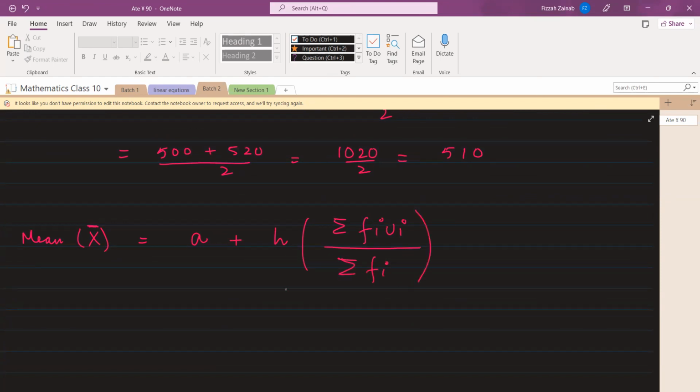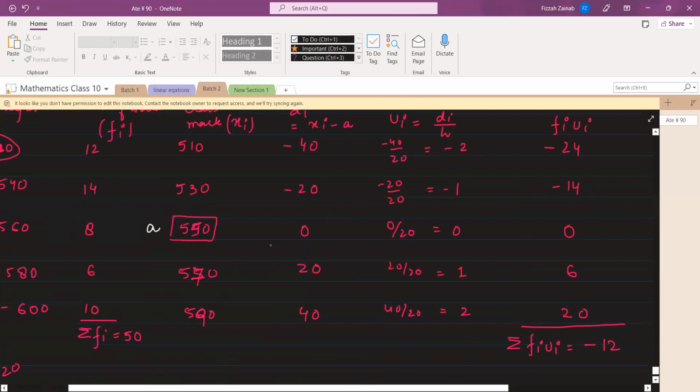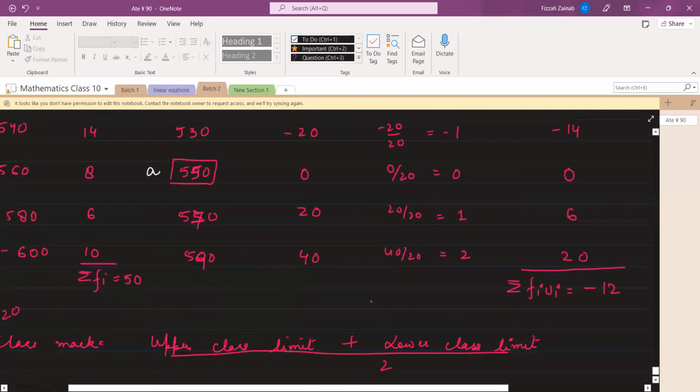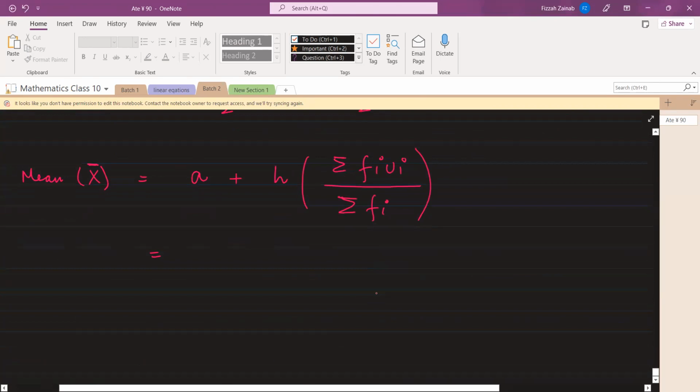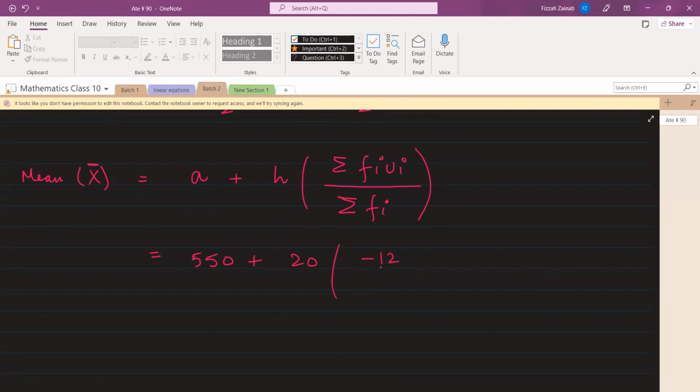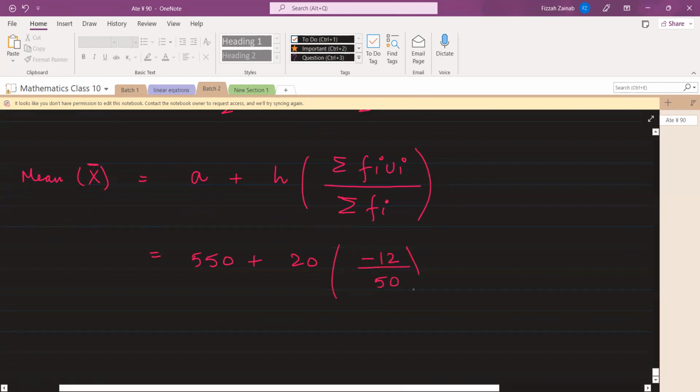Is that okay? Yes. Okay, assumed mean was, how much did I take? It was 550, I think. Yeah, 550. Then your h is 20. Okay, and this was minus of 12, and this is 50.